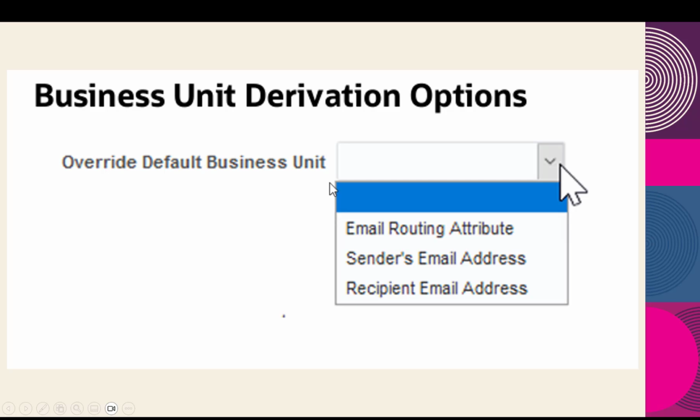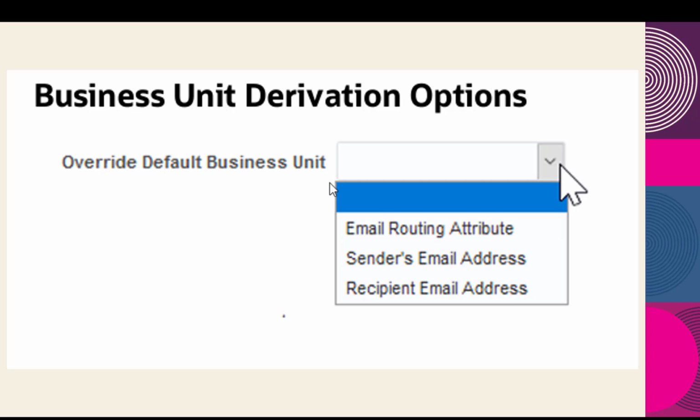Email routing attributes allow you to specify the business unit in the email subject line using an underscore. This is recommended when you know that the suppliers will not be using underscores in the subject, you only have 1 or 2 business units, or you are unable to map email address to business unit.